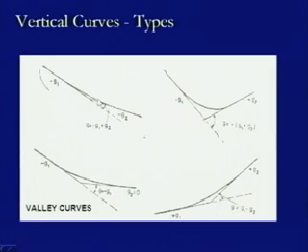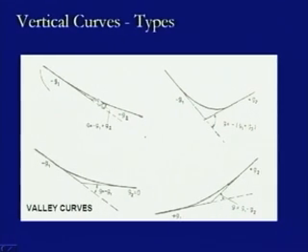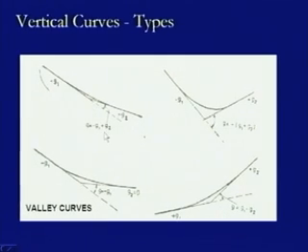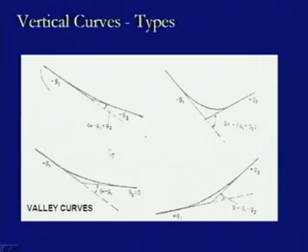So, this is the valley curve or the sag curve, and here again we have a deflection, which is to be taken as the algebraic difference between the two gradients. So, this is minus g1 minus minus g2, therefore it will be minus g1 plus g2.